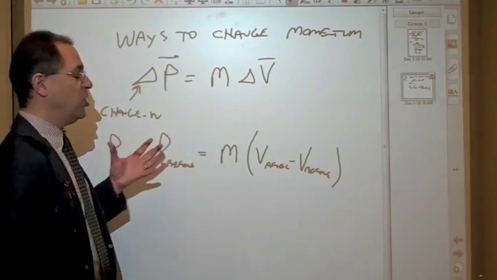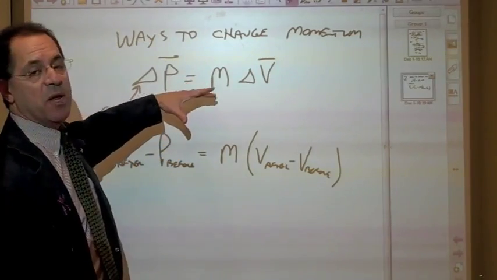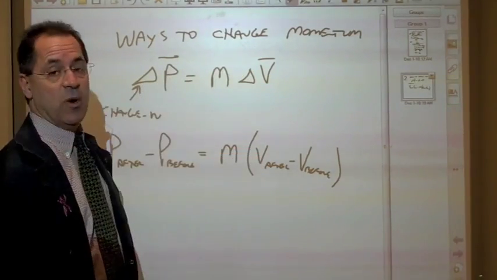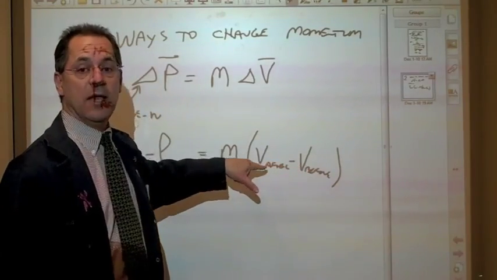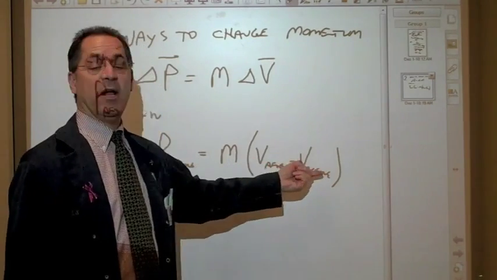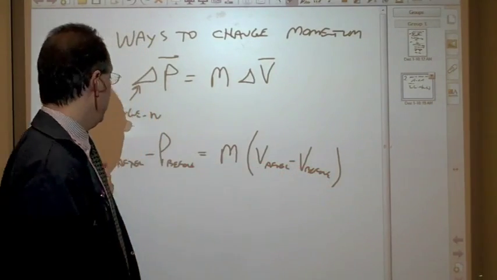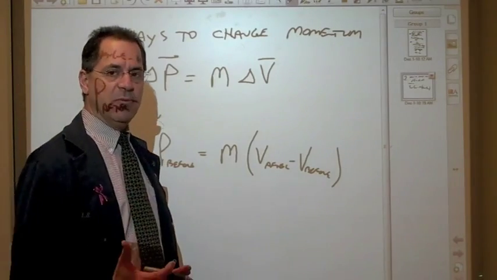Right? These are our changes. So if we want to calculate the change in momentum for any particular object, this is the way we can do it. Just by taking its mass and multiplying by its final velocity minus its initial velocity. Right? You could say final minus initial. Same thing for final momentum minus initial momentum. We'll treat it the same way we did before.